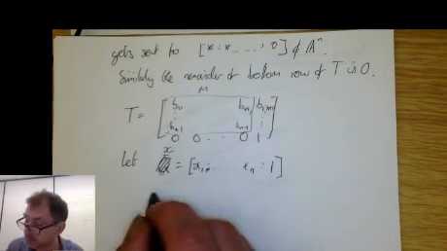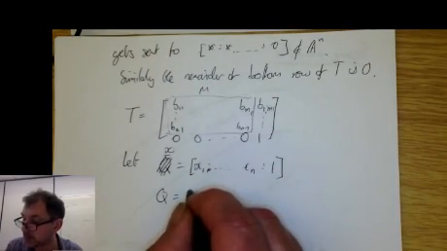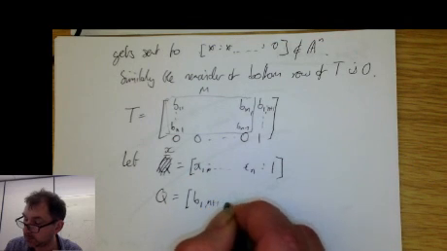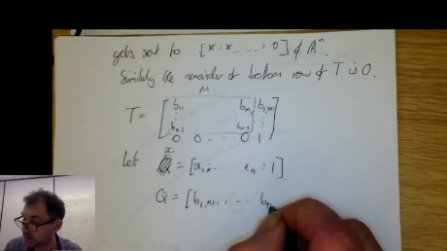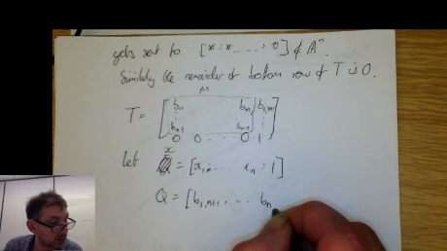We'll let x be equal to that. Then Q can just be this final point, b1 n plus 1 up to bn n plus 1.